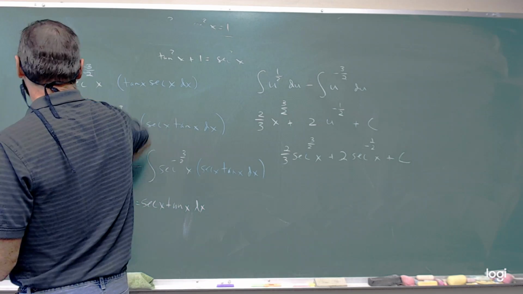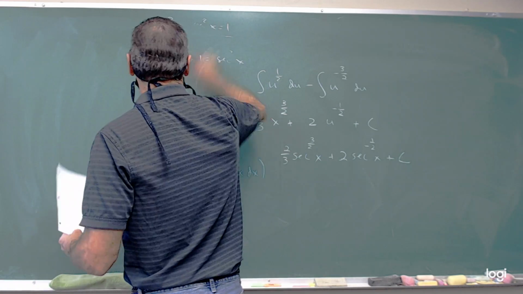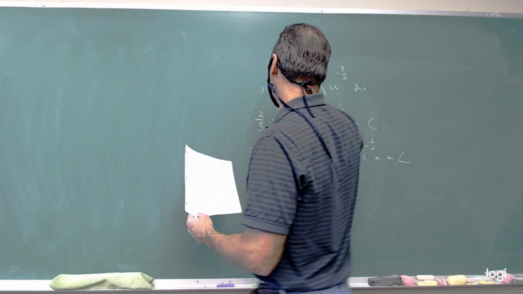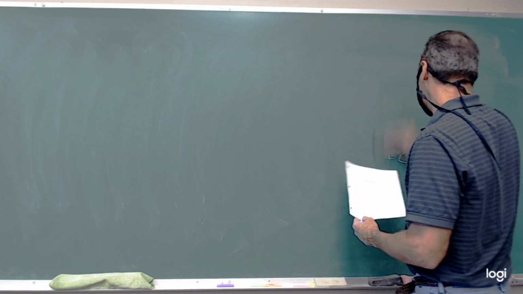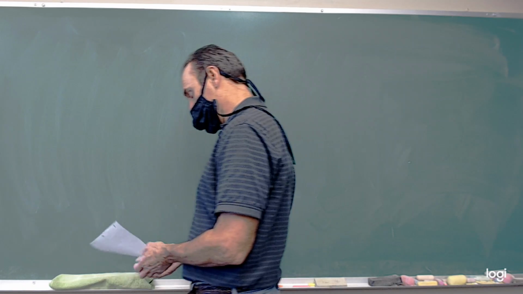You want to try one at the board? Sure. Okay, you can take your sheet with you if you want to get a suggestion on what your strategy is going to be.